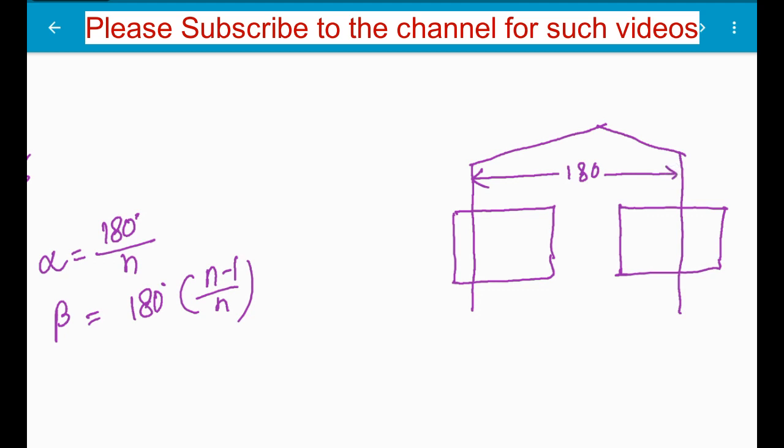If short pitched, what will happen? This will be like this. So this angle is beta and the rest angle is alpha. So this angle is beta and the short angle is called alpha.